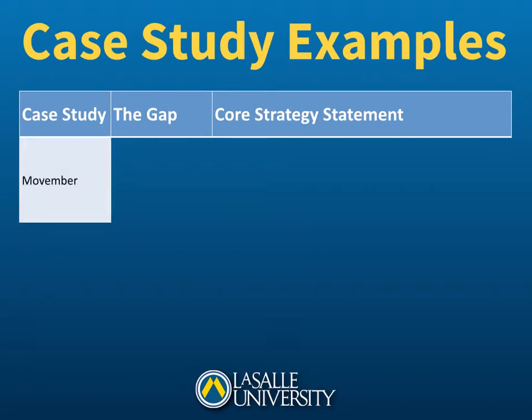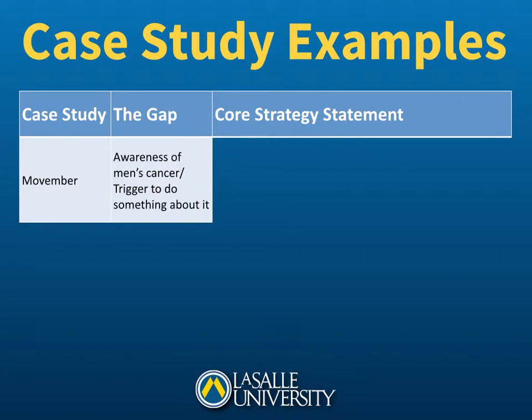So let's take a look at Movember. What they identified as the gap that would be used in part as the reason to create this campaign was because they wanted to solve the problem of awareness of men's health and men's cancer. And also they recognized that there was not necessarily a trigger that could be used to do something about it, and that's what the campaign was trying to solve.